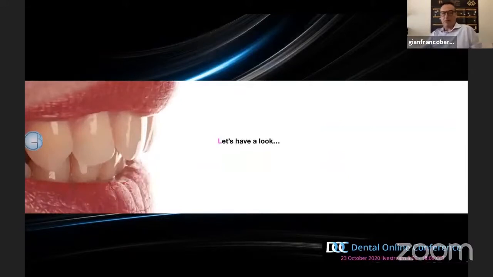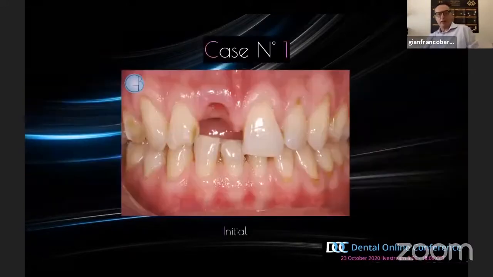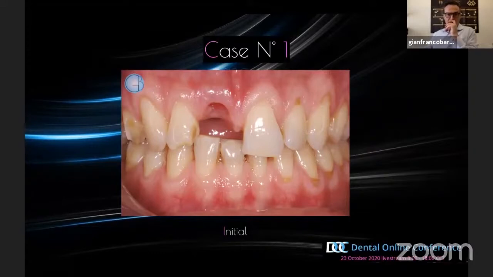So now let's have a look at how to choose and how to do this kind of restoration. This is a single implant on the central incisor after an accident.